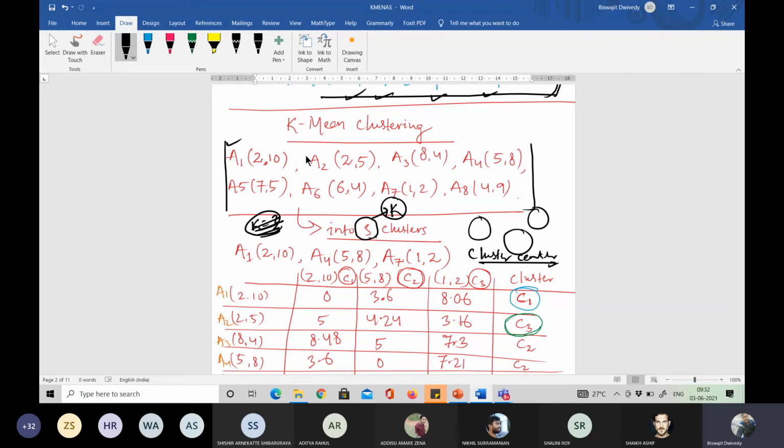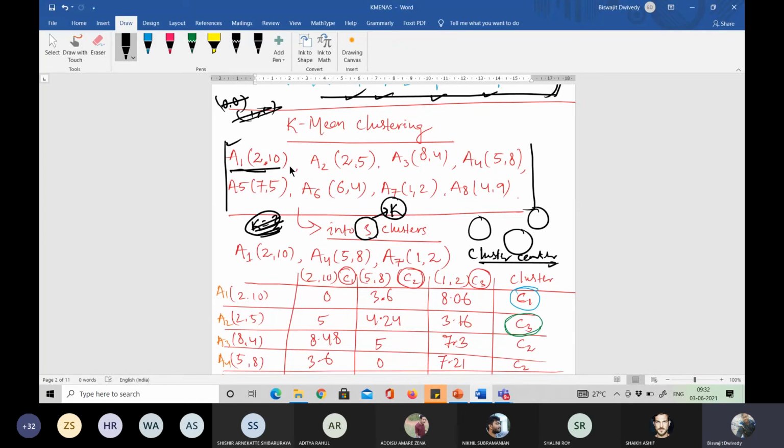Any 3 points means you can choose arbitrary points like 0 0, 0 1, any point you can take, or you can choose 3 points from this data set itself. Usually people choose 3 points from this data set to reduce the calculation. Otherwise you can choose any 3 arbitrary points, which may or may not be in this data set. That doesn't matter.